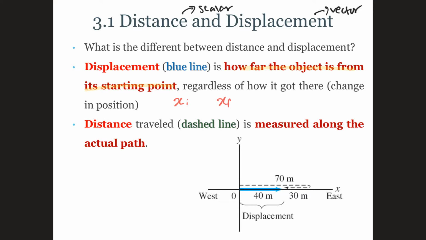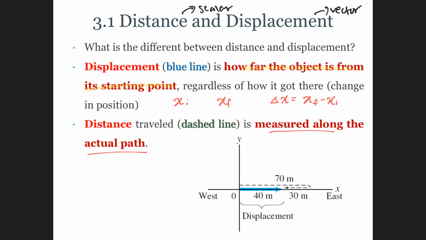That's why the formula is delta S, which means the change of position, equals S final minus S initial. And distance is measured along the actual path.